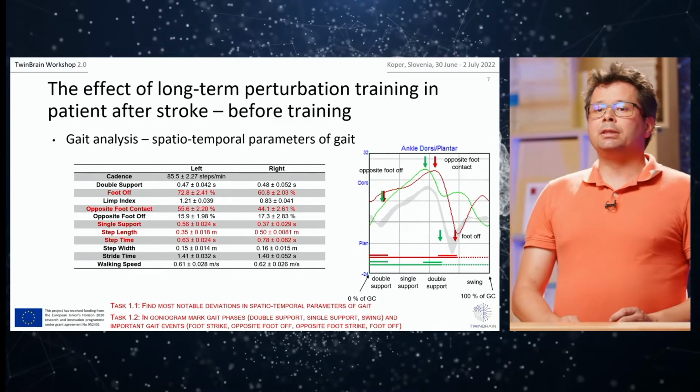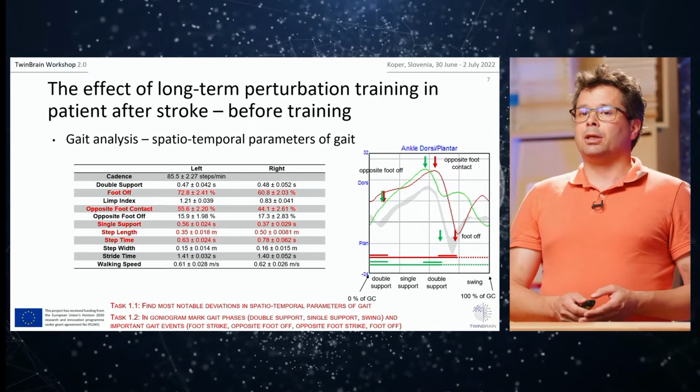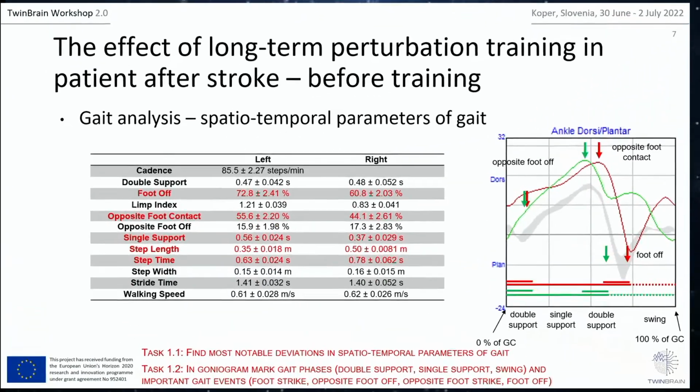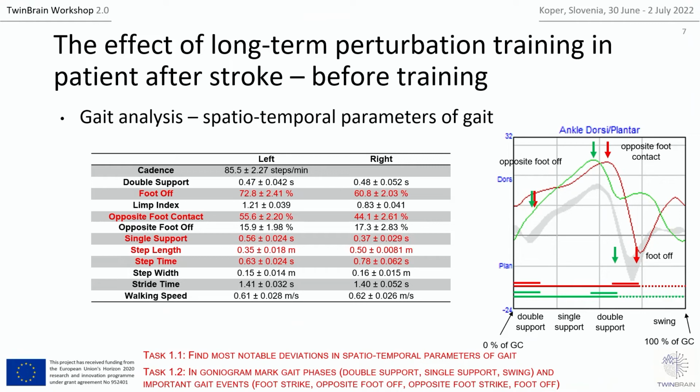So what we notice is that there is quite substantial asymmetry between the left and the right side. On the right side the support phase is quite shorter. The opposite foot off event on the right is where the first double support ends. We see that for the left and the right side this is quite consistent, approximately the same.